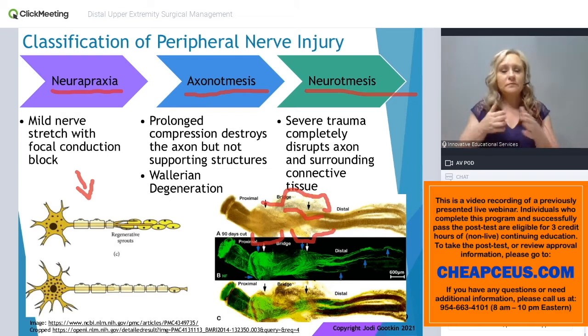It's not smooth and clean. Many of them, and this is after about 90 days, were just going off in different directions. So oftentimes surgical intervention is necessary to tell those nerve fibers which way to regenerate in, so that we can ultimately have reconnection to that end organ in order to restore function.